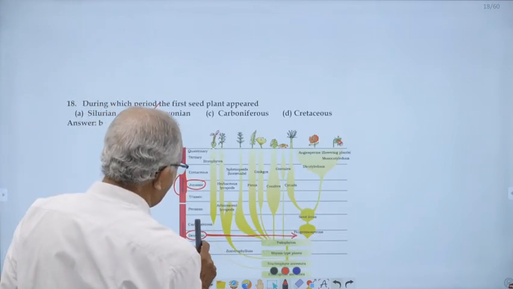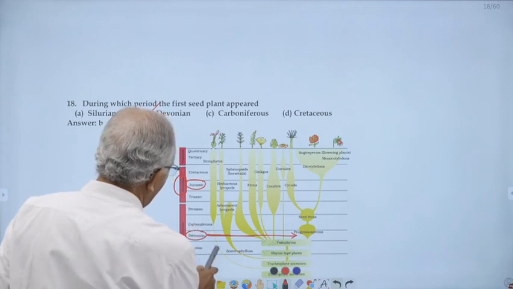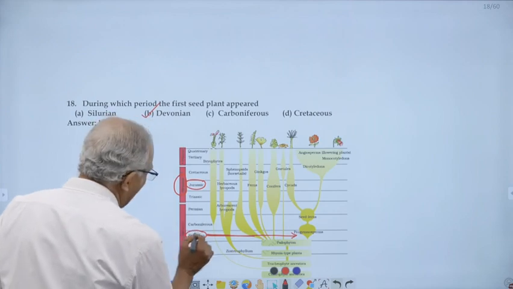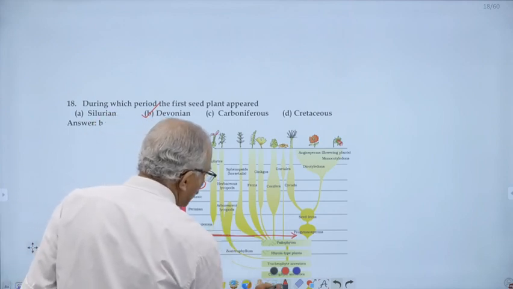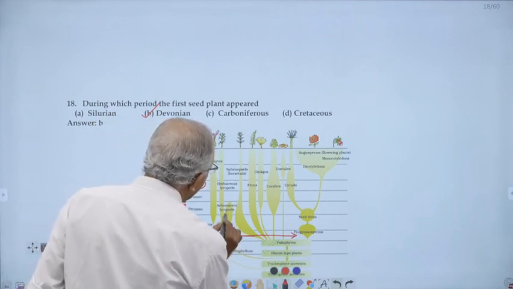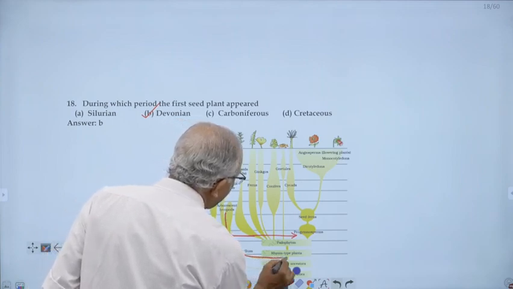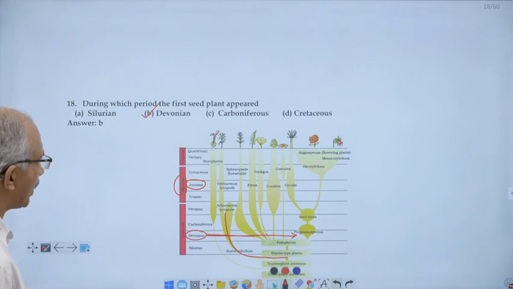So lycopods. The lycopods originated from this, from here, the ancestor.